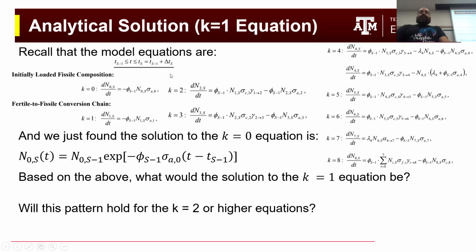So we just solved the k equals 0 equation, which was this guy right here, and we found that this was our general solution. If we wanted to start solving the k equals 1 equation, notice that the form of these two equations is basically the same mathematical form. So if I wanted to write a solution for nuclide 1, how is it going to compare to the form of the solution for nuclide 0?